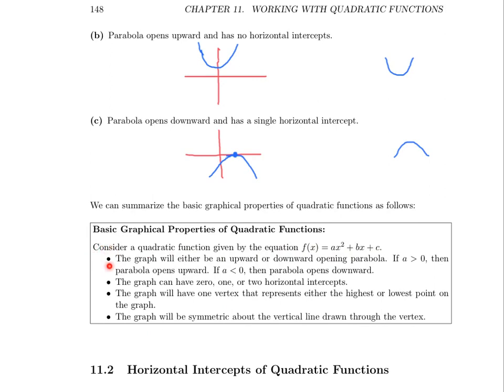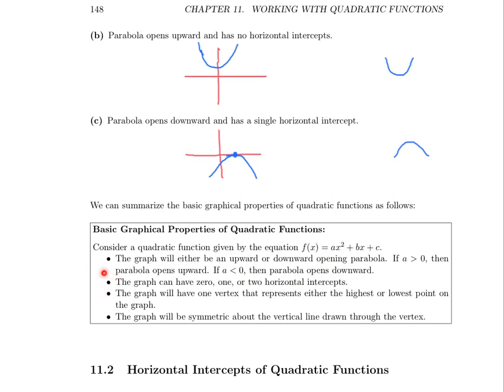First of all, the graph will either be an upward or downward opening parabola. If a is positive, and remember a is the number in front of x squared, then the parabola opens upward. If a is negative, or less than 0, the parabola opens downward.